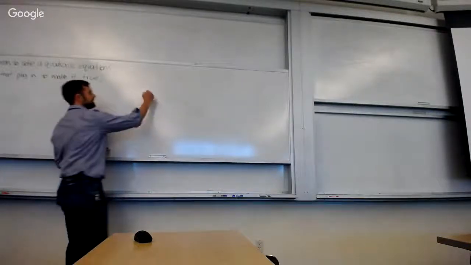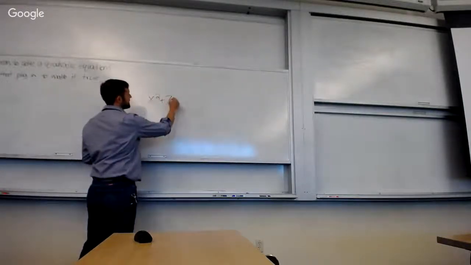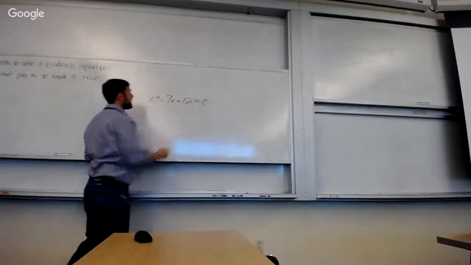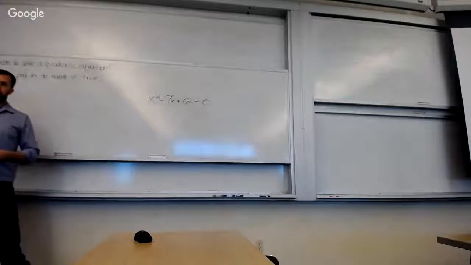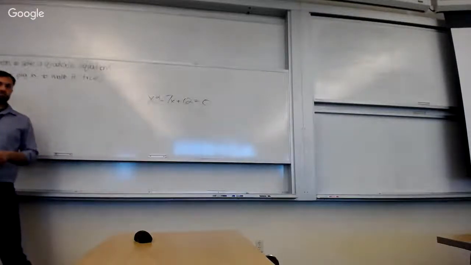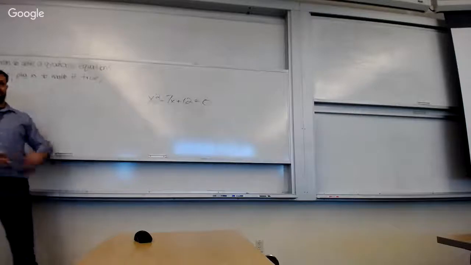So I'll give you an example. I'll make it an easy one. x squared plus 7x, actually I'll make it minus 7x, plus 12 equals 0. What numbers do I have to plug in to make that equation true? I'm assuming you're all trying to factor it.